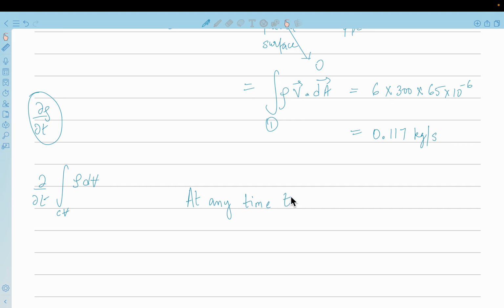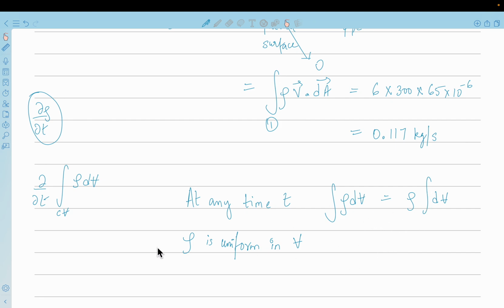Okay, so at any time t, what I can say is that the integral of ρ dV is equal to ρ times the integral of dV. So exactly what you said, that density is uniform throughout the volume. Okay, so let me write this. ρ is uniform throughout the volume.